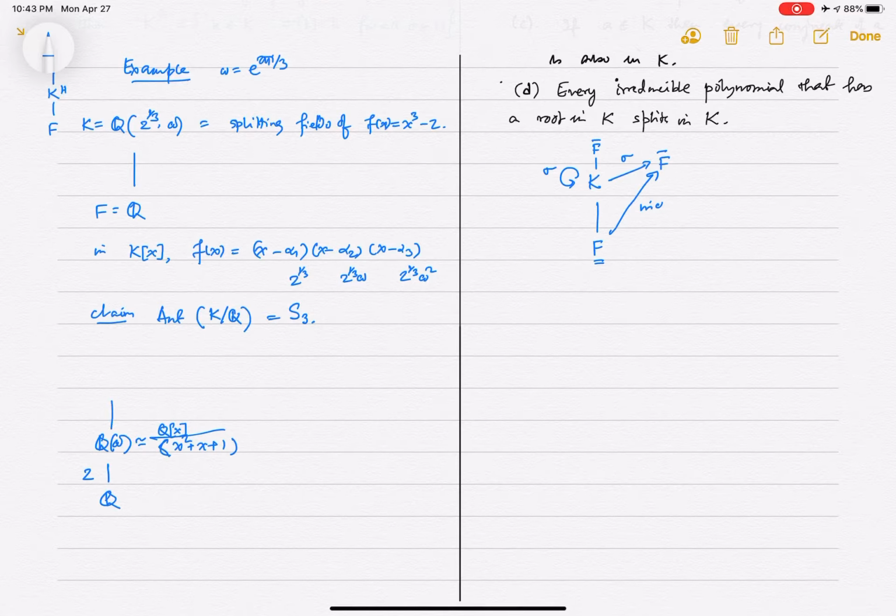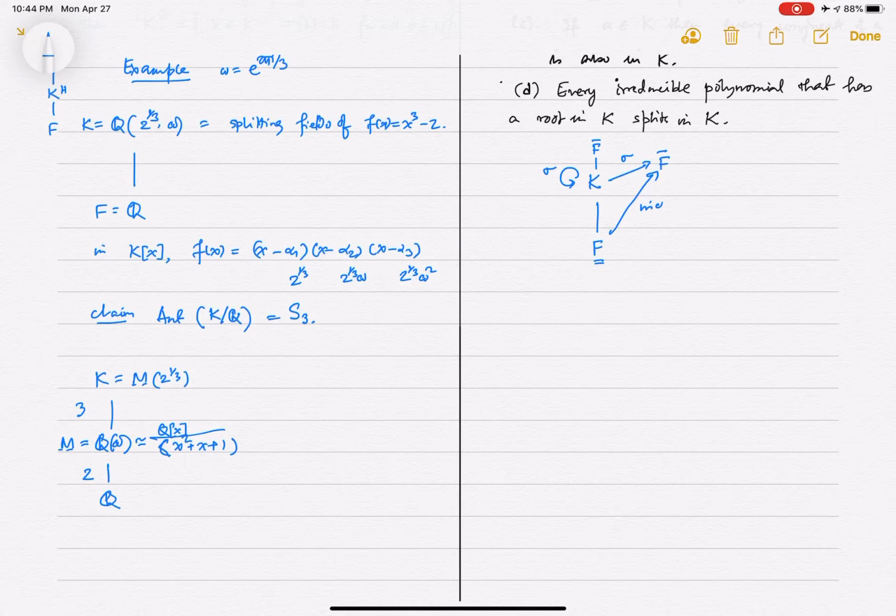And over on top of that you have K. If you call this one M, then K is M adjoin 2 to the 1/3. Right, you already added omega, so you add 2 to the 1/3. We argued already previously that the degree of the big extension is 6, so this one is 3 up here. So degree 2 on the bottom, and then degree 3 on top.